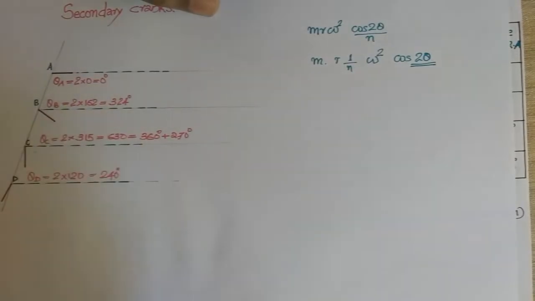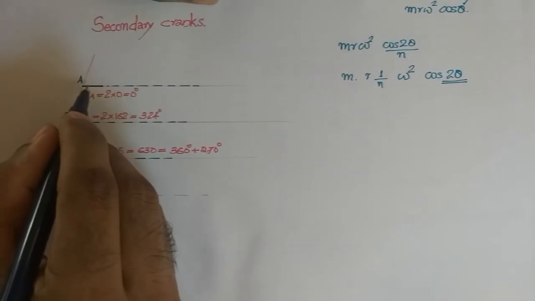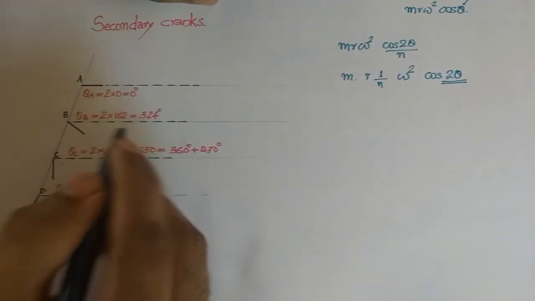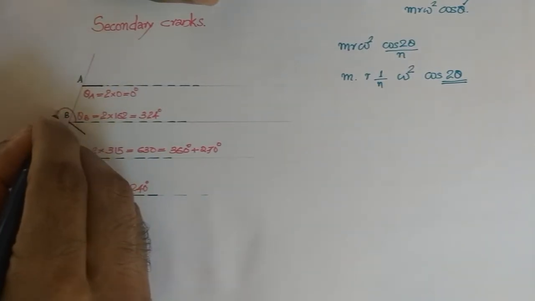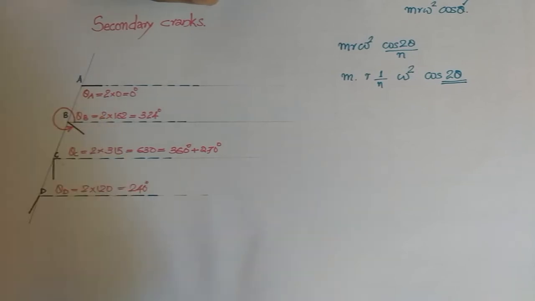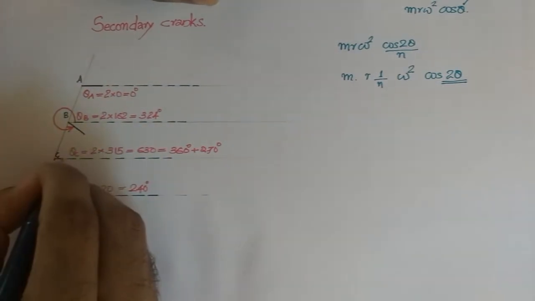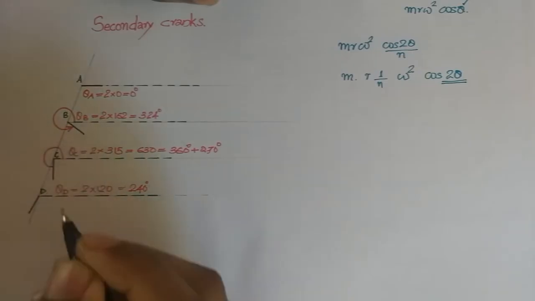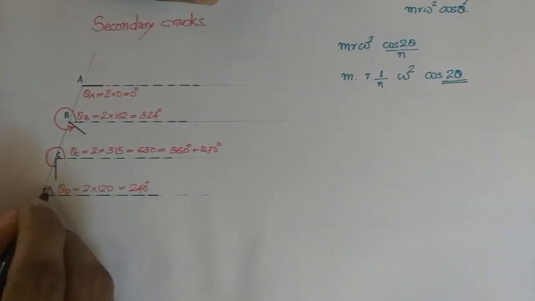So with respect to this, you will be marking theta A as 0, that is along the horizontal line. Next is 324. So from the reference axis you will be marking this one, and theta C is 270 degree. So this will be 270 degree and 240 degree, which is this angle.